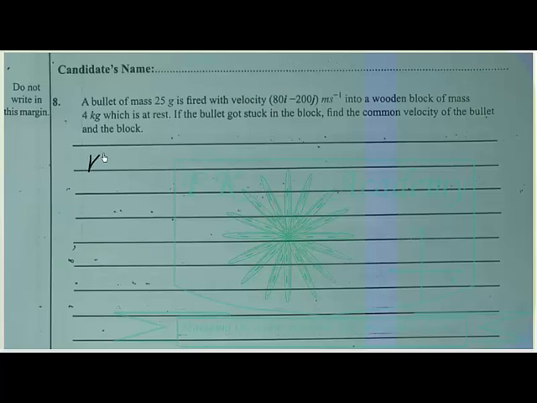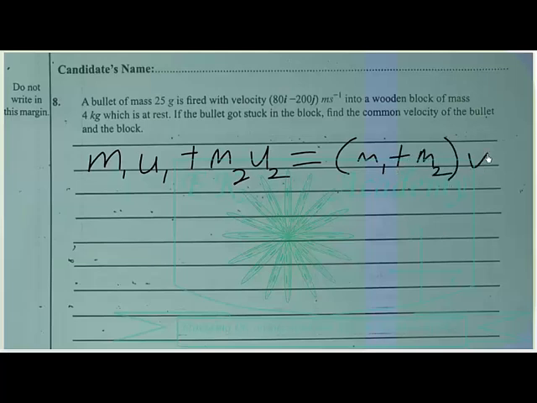So the momentum before they meet will be m1u1 plus m2u2 is equal to m1 plus m2 times v. So they have a common final velocity. We have to make sure that all the masses are in the same unit.